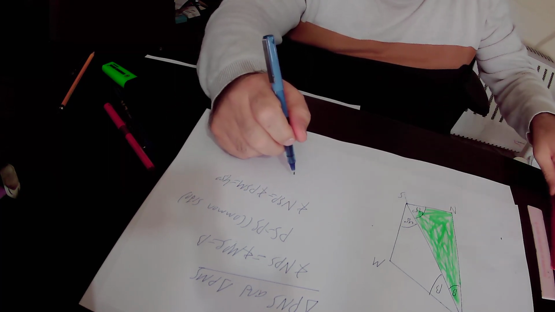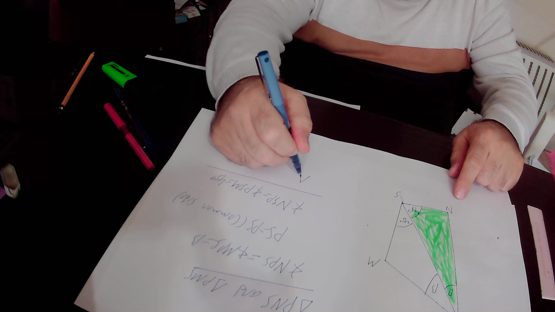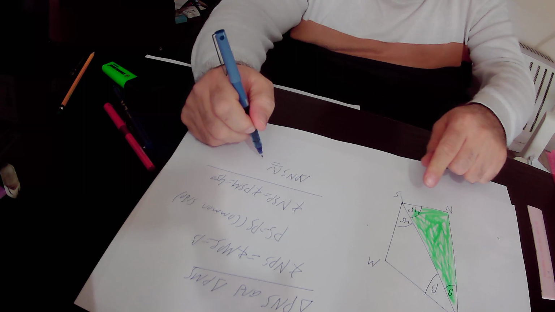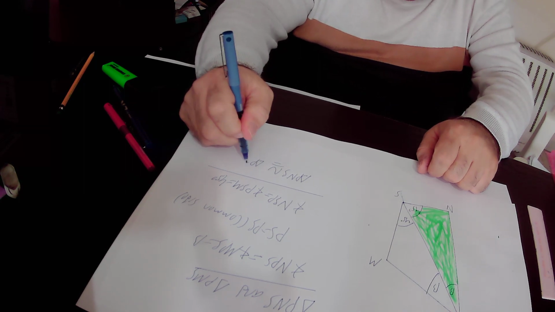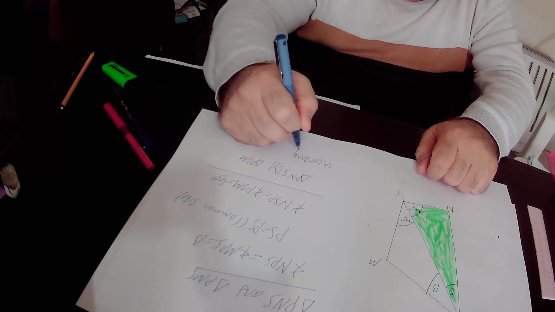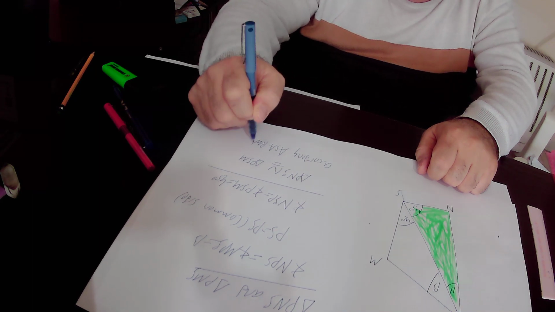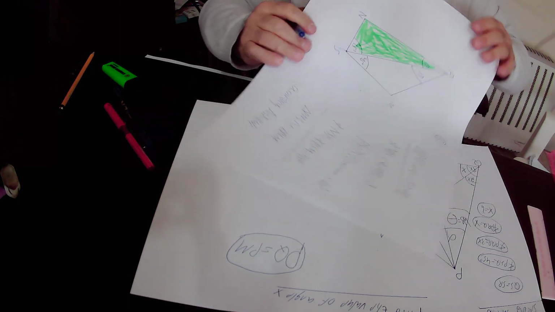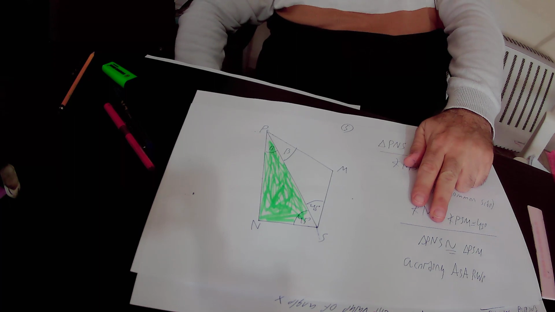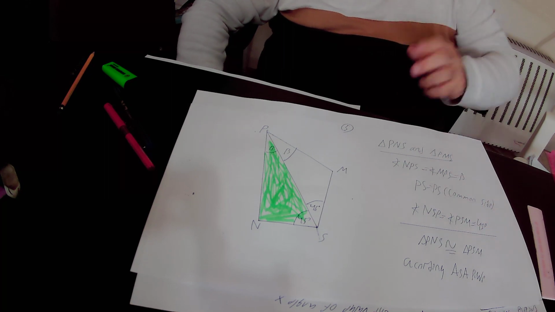So we actually proved that the green triangle PNS is congruent to the white triangle PSM according to angle side angle rule. I'll repeat again. We actually proved that the green triangle PNS is congruent to the white triangle PSM according to angle side angle rule.